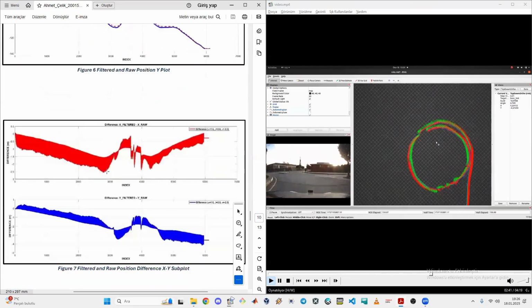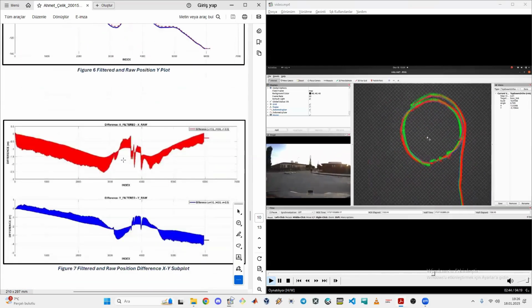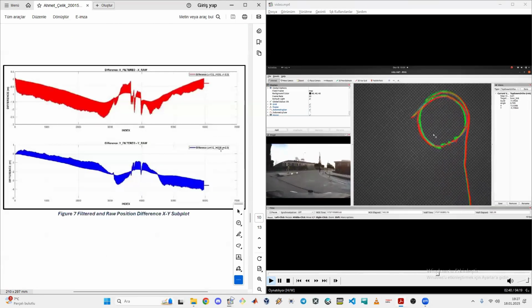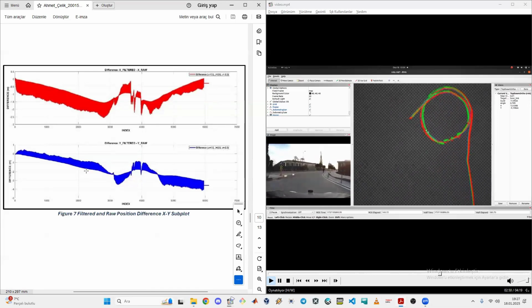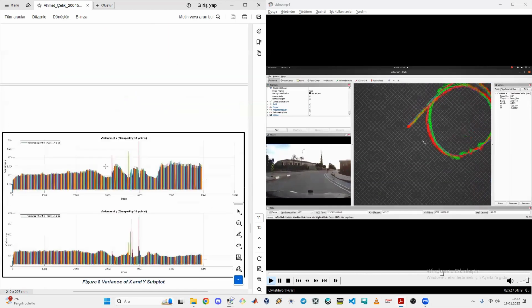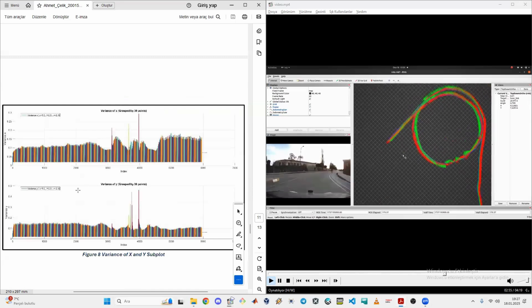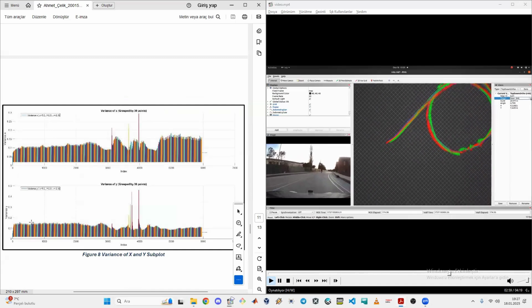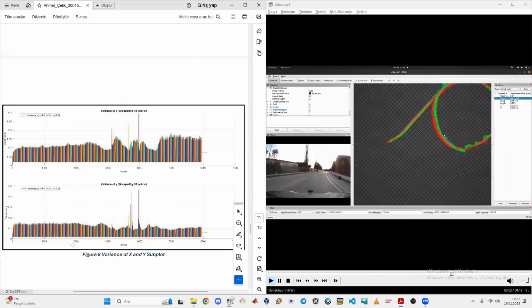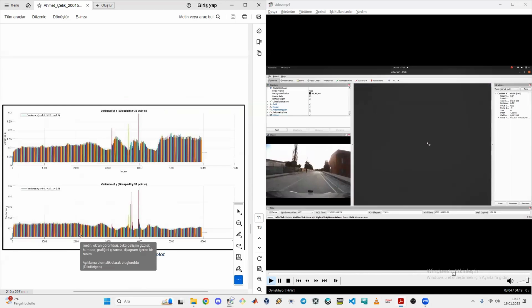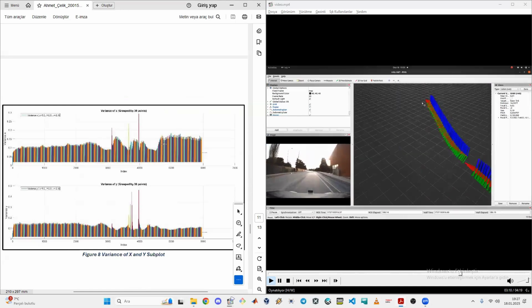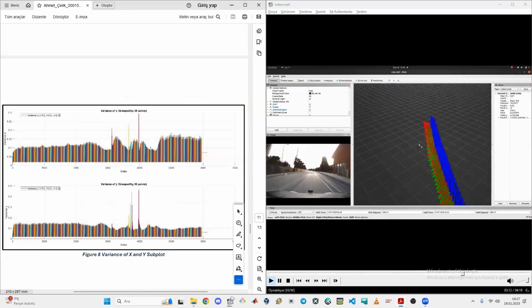And these are the plots of the differences between X filtered and X raw under these parameters of the unscented Kalman filter. And this is the variance of the position of X and the variance of the position of Y. The variance of the position of Y seems to decrease, but there is an increasing process after all the data.